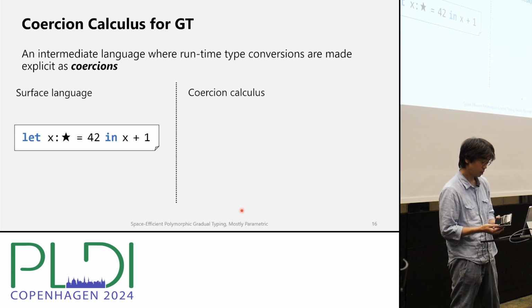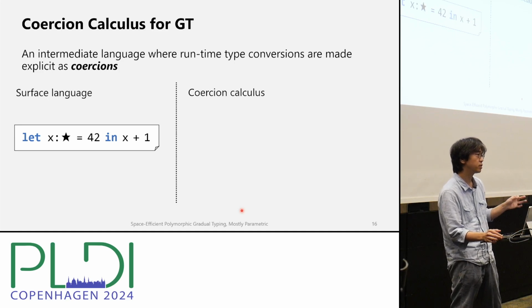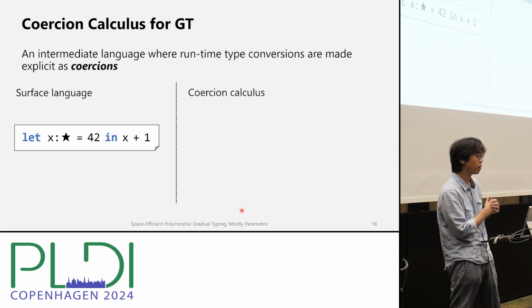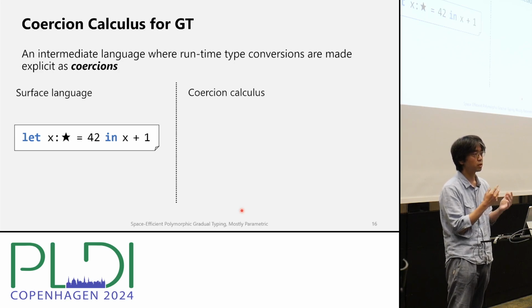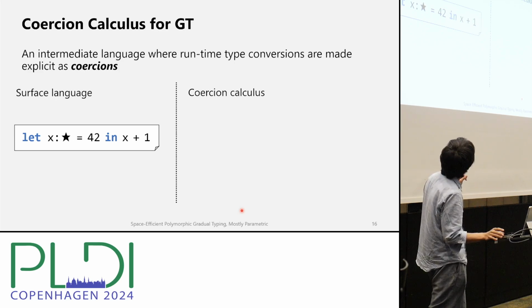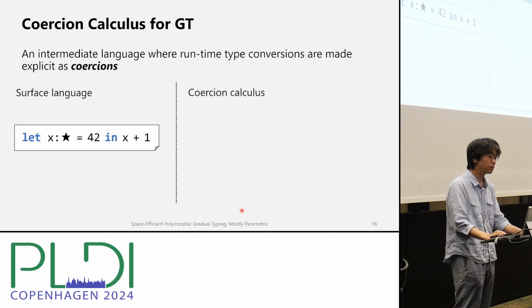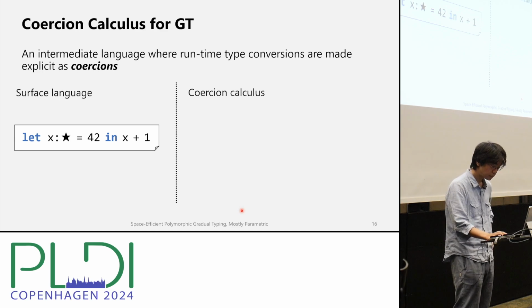To explain it, first I need to explain the coercion calculus, because space efficiency is a property of intermediate languages in gradual typing. And coercion calculus is one of the intermediate languages, where runtime type conversions appear explicitly as coercions.